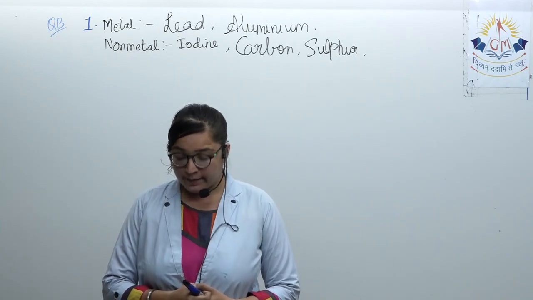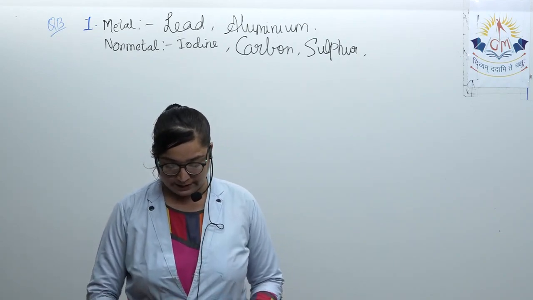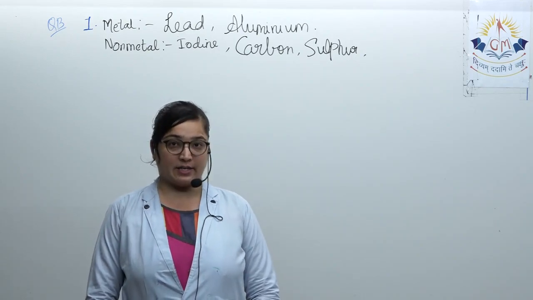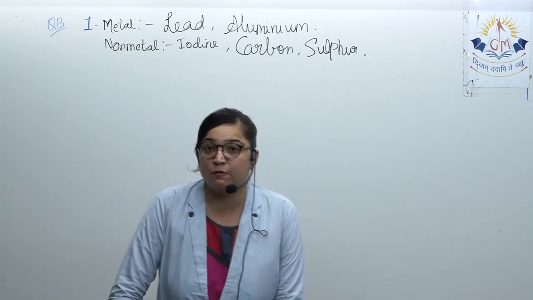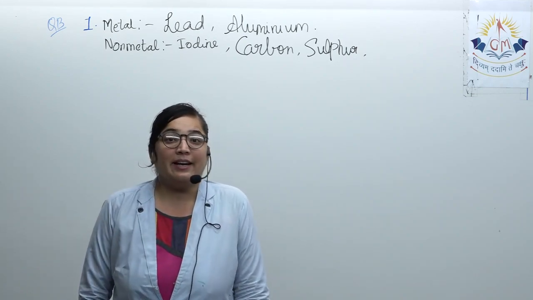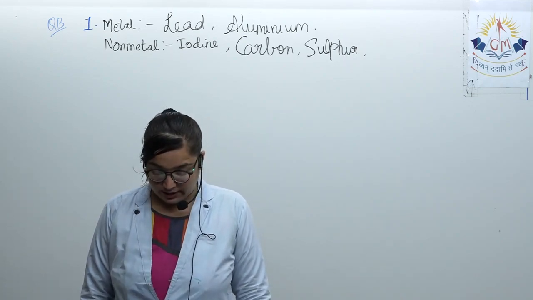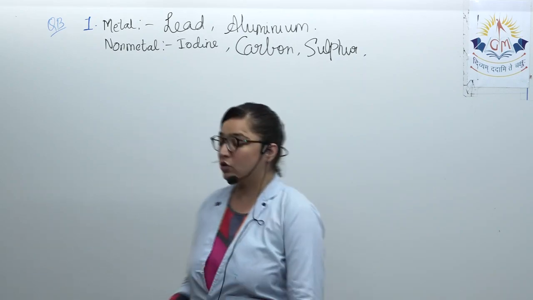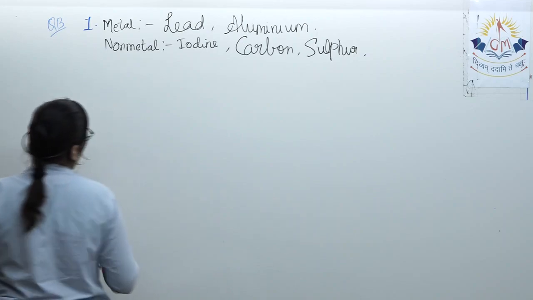What is meant by the reactivity series of metals? Now what is the reactivity series? It is the arrangement of metals in the decreasing order of their reactivity in a vertical column.